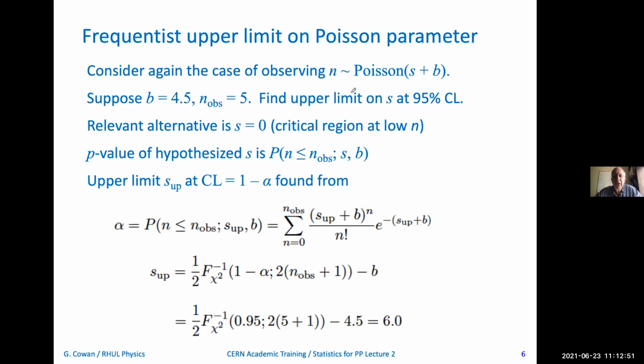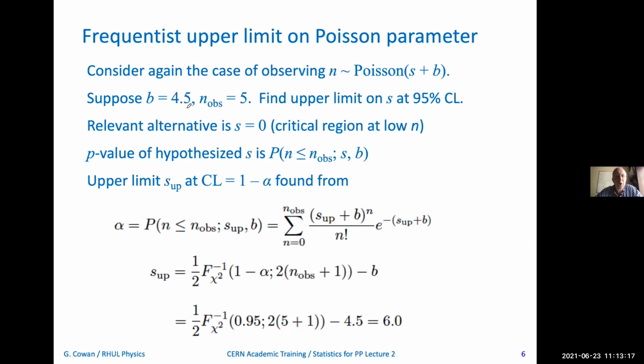then let's consider first for a second the hypothesis that s is equal to 0. Well, that's just going to be slightly less than 50%. In other words, the probability of seeing 5 events or more under the hypothesis that the mean is 4.5, that's just slightly less than 50%. So there would be no reason to reject such a hypothesis. That would not be small.